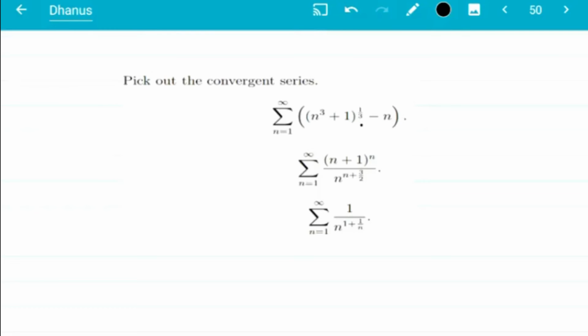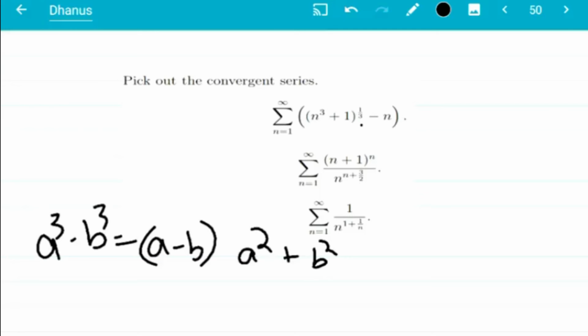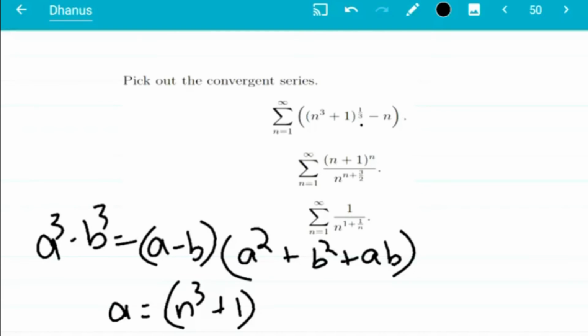That's why here we have to use the idea of a cube minus b cube is equal to a minus b into a square plus b square plus ab. Here we have to choose a equal to n cube plus 1 raised to 1 by 3, and b equal to n.